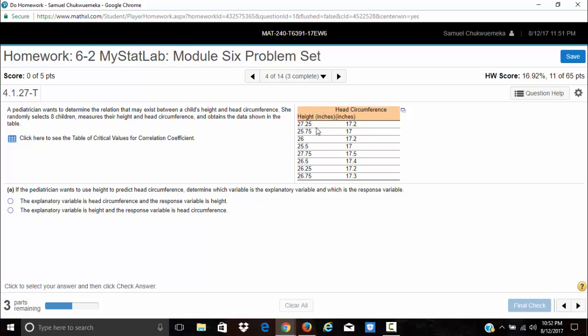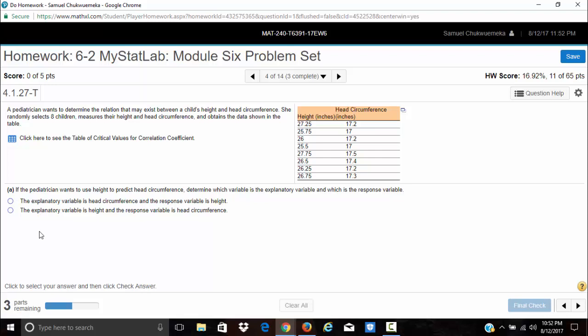So x is the explanatory variable, and that is the height. Y is the response variable, and that is the head circumference. You use your x to predict your y. You use the number of cheeseburgers you ate to predict your weight.